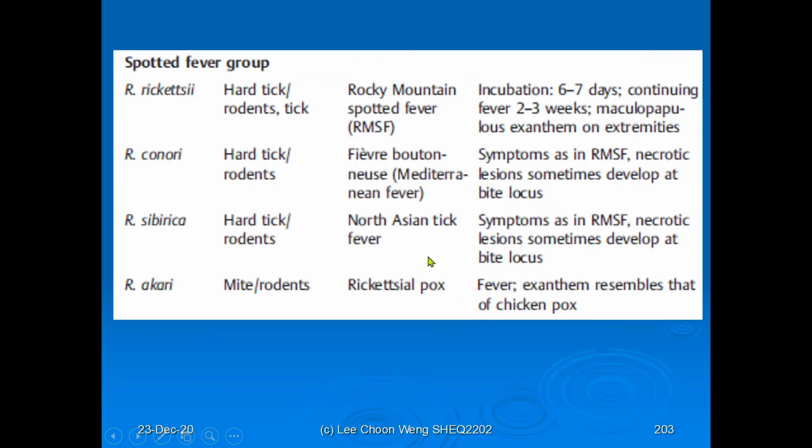Other than the typhus group, you have the Rocky Mountain spotted fever group, where you have Rickettsia conorii, Rickettsia sibirica, Rickettsia akari. All of these cause maculopapular exanthem, spots on your skin.